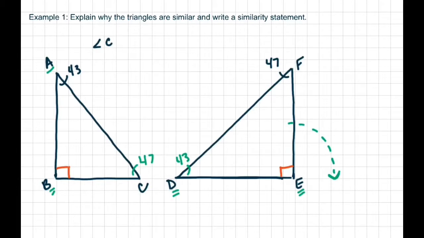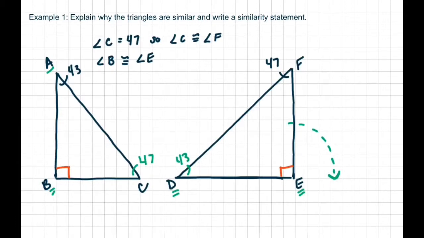Angle C is 47. We know that by the triangle sum theorem. So angle C is congruent to angle F, and angle B is congruent to angle E. That's all we need, is just at least two angles.